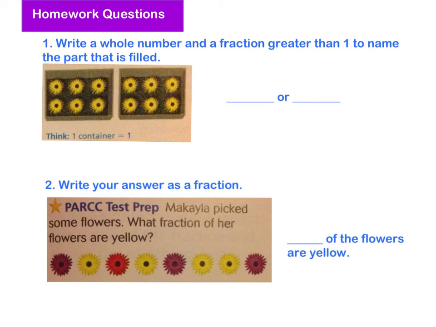Question number 2 says write your answer as a fraction. The problem says Michaela picked some flowers. What fraction of her flowers are yellow? You will write your answer in the form of a fraction.